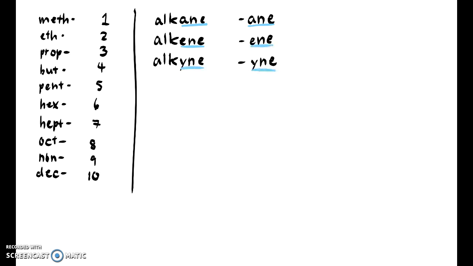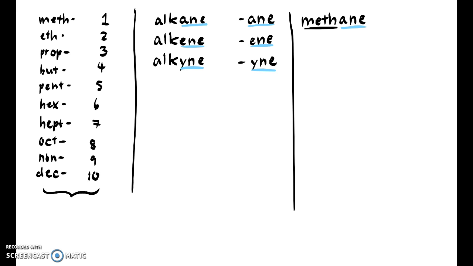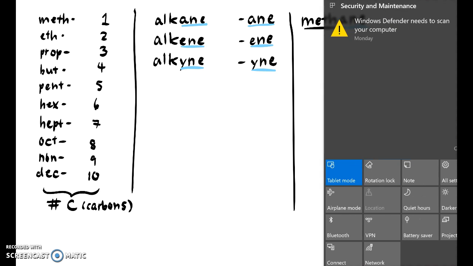So as an example, if we wanted to combine them, we have what we call methane. So this is the first part and the suffix. These prefixes stand for the number of carbons that you have.